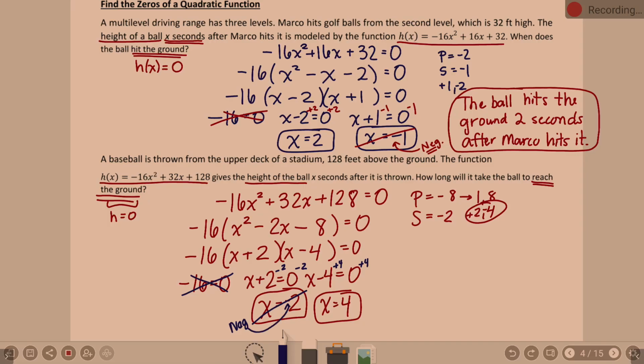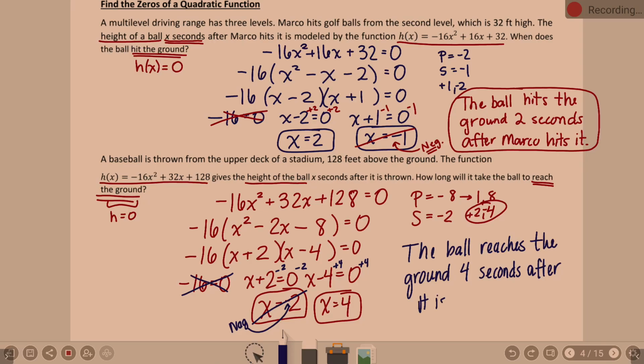So the ball will reach the ground 4 seconds after it is thrown. Okay. Questions there?